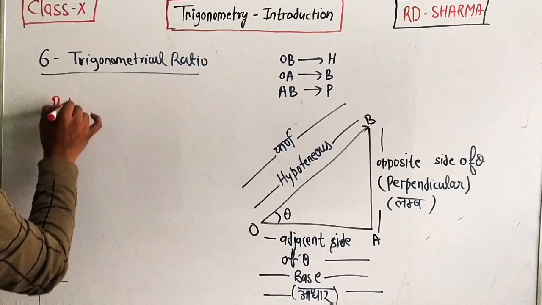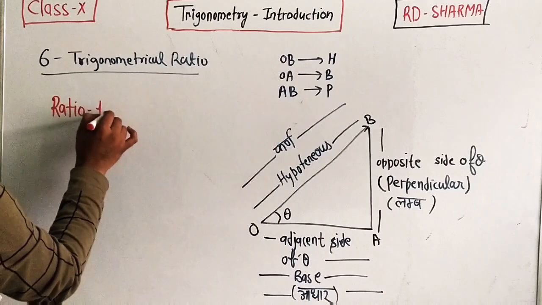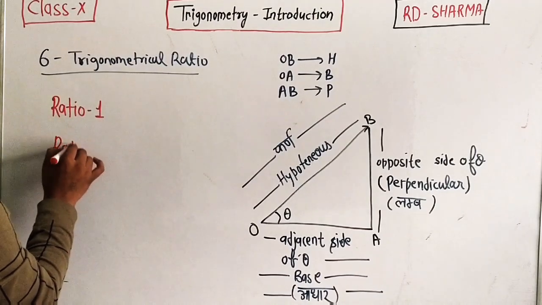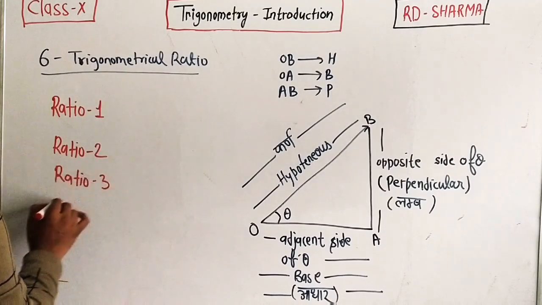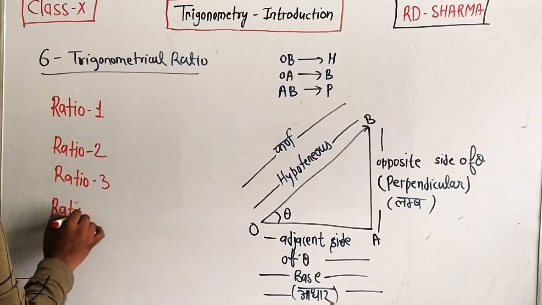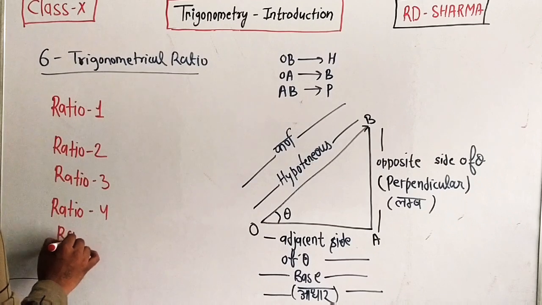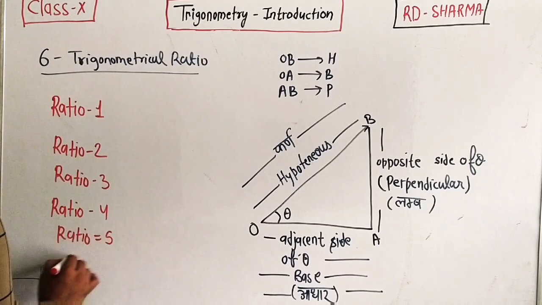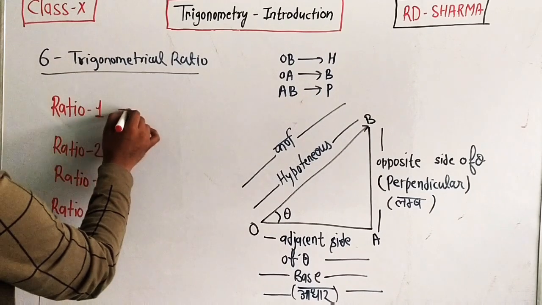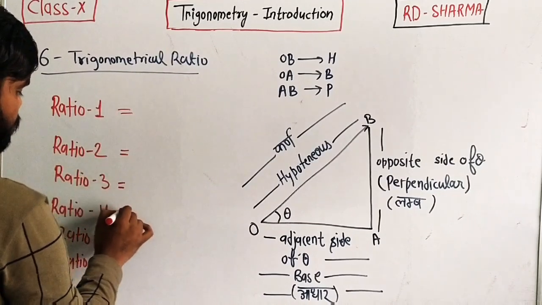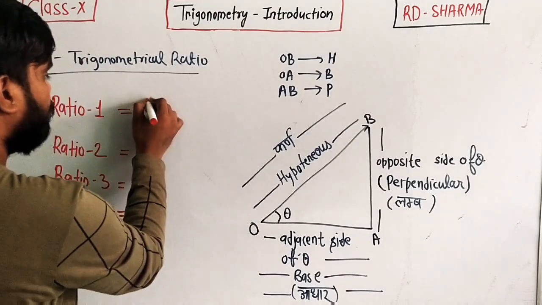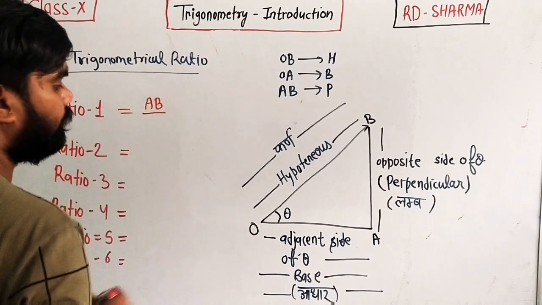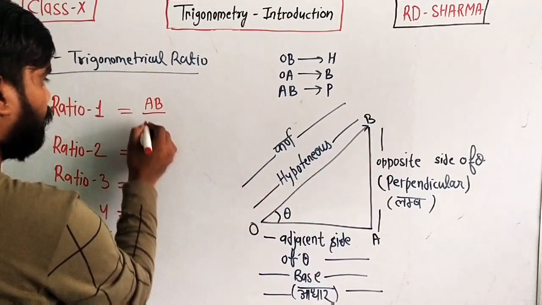Ratio first, ratio second, ratio third, ratio fourth, ratio fifth and ratio sixth. Ratio first is AB upon OB.